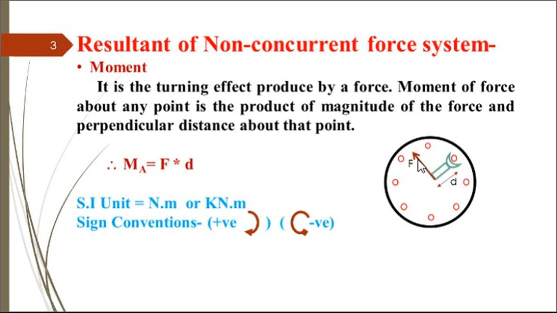So here this is the force F, which causes the turning effect at this screw, and it gets tightened or loosened. The moment produced at this screw is equal to the force F multiplied by the perpendicular distance, the distance between the application of force and the point at which moment occurs.